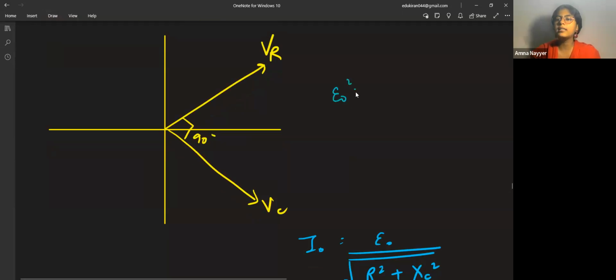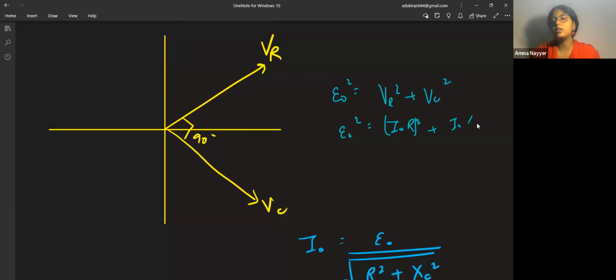E naught square is equal to VR square plus VC square, fine? So if you put in the values, that becomes I naught R whole square plus I naught into XC whole square. So E naught square will be equal to I naught square times R square plus XC square.